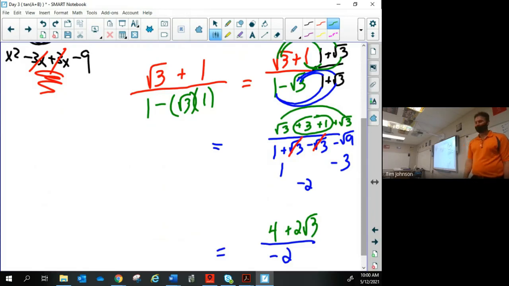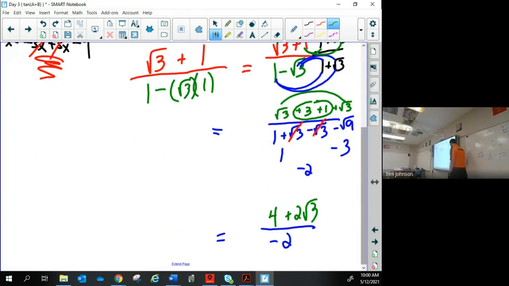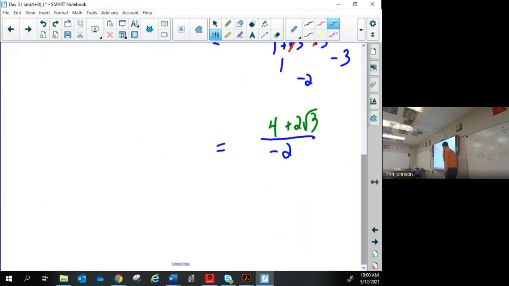Would you say, Mr. Johnson, that still does not reduce all the way? I'm going to say you're right. It's not. Why? Because this numerator right up here, I can factor out a 2 out of this numerator. And why do I want to factor out a 2?